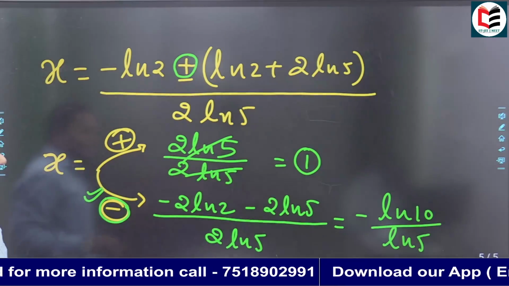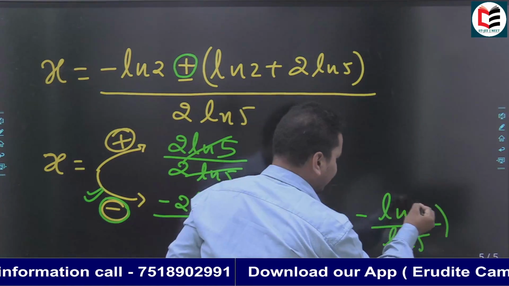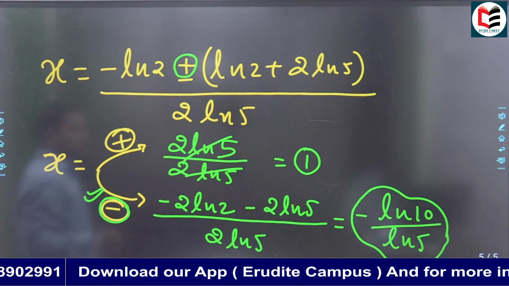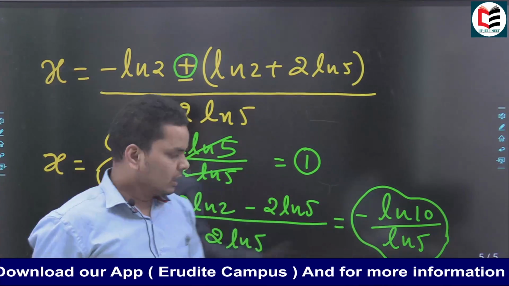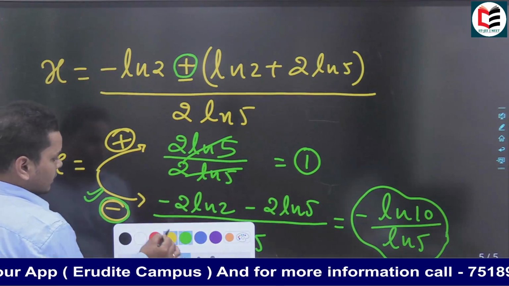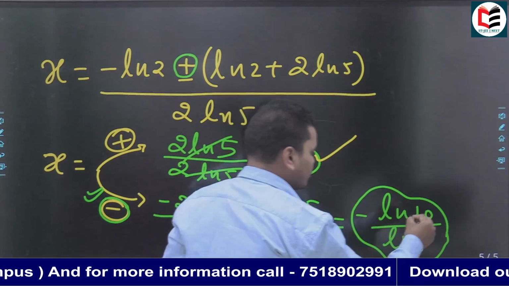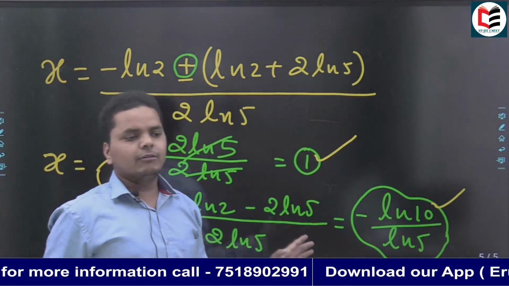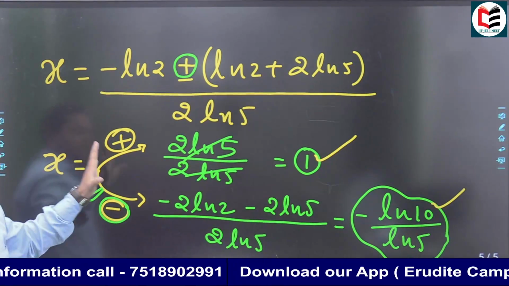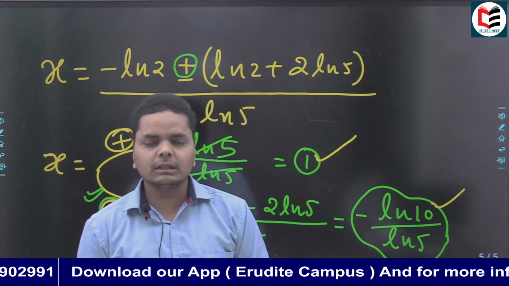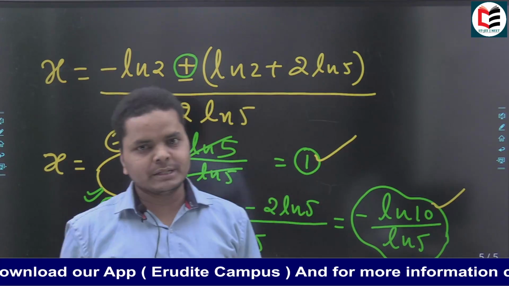This is the second solution of that exponential quadratic equation. The first solution was x = 1, and the second solution was −ln 10 upon ln 5. This is the first method, the very basic method by which you can find the solution of that equation.